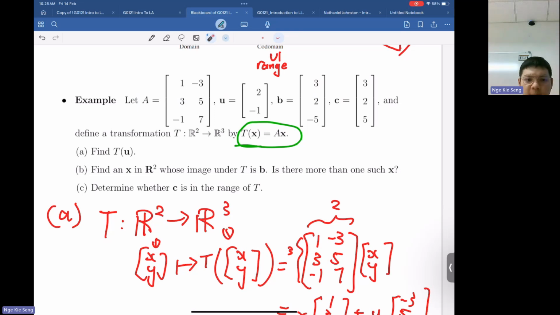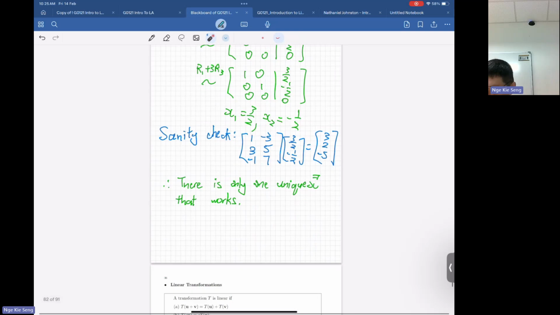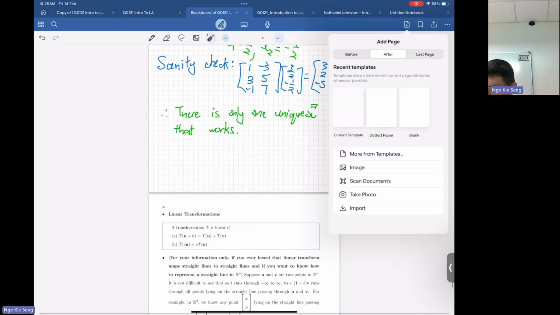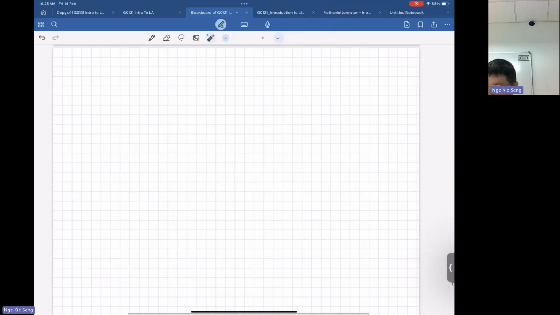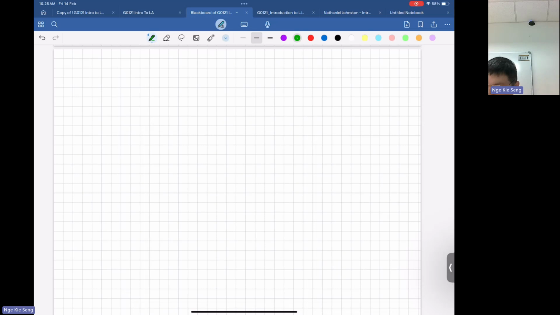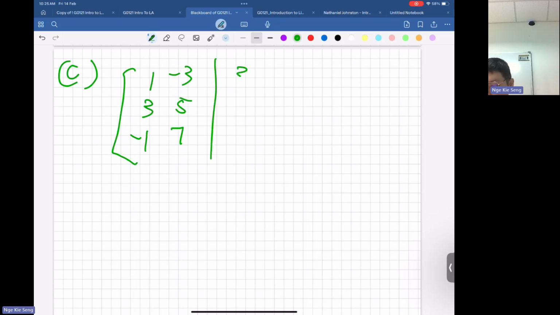So has anyone calculated? Maybe I quickly give the result. Again, it's the same question. You want to solve the augmented matrix, but this time it's not b, it's c already.